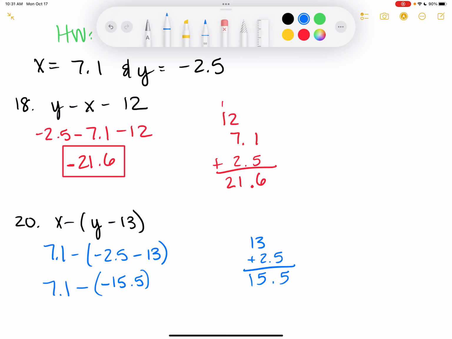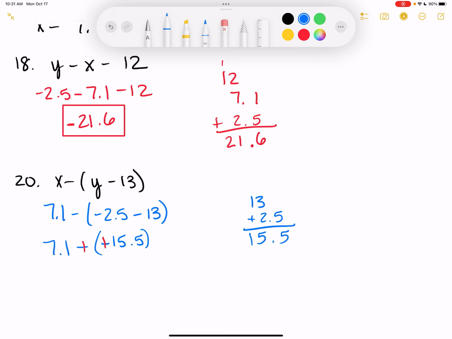So 7.1 plus 15.5. I'm just going to add it down here where I already had the number written. So 5 and 1 is 6, decimal point. 7 and 5 is 12, carry the 1. 1 and 1 is 2. So the answer would be 22.6. Whoa, why is my box crooked?